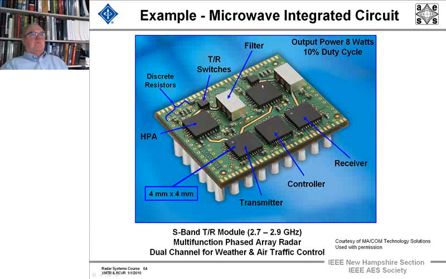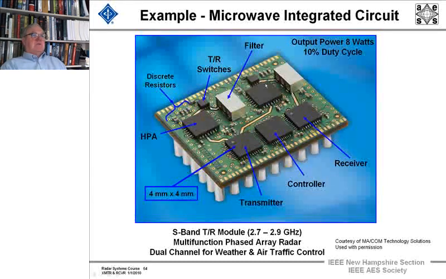Now here's an example of a microwave integrated circuit where the subsystems are made with MMIC technology. Each one of these squares is 4 millimeters by 4 millimeters, and the output is 8 watts of power with a 10% duty cycle.